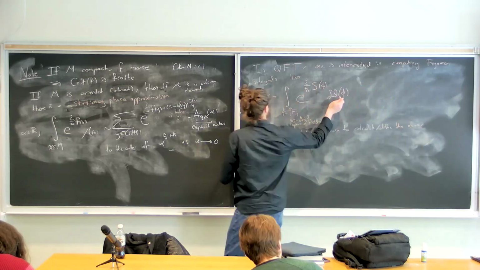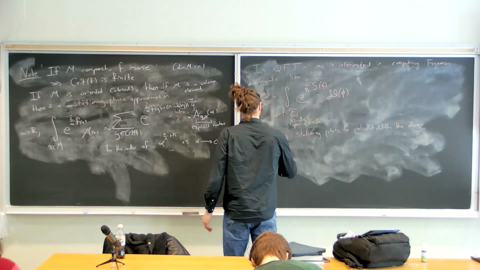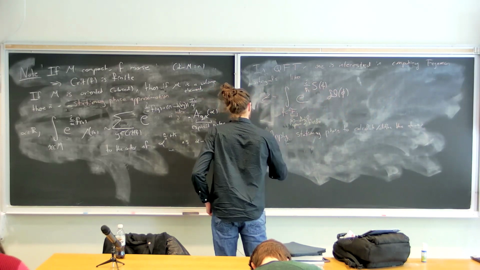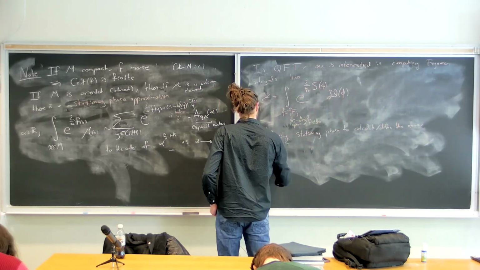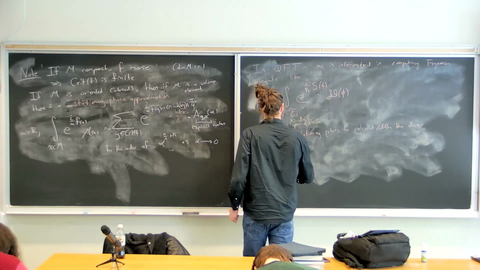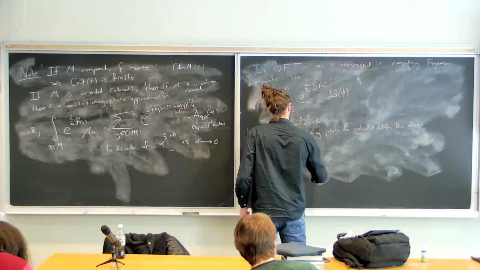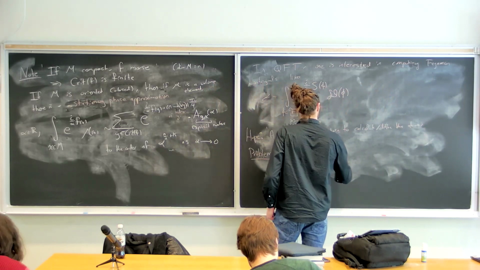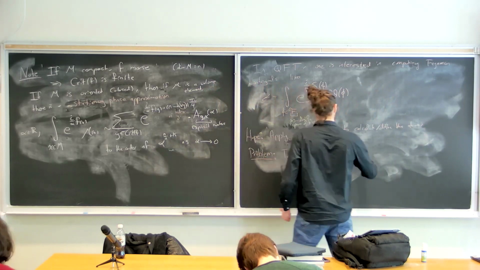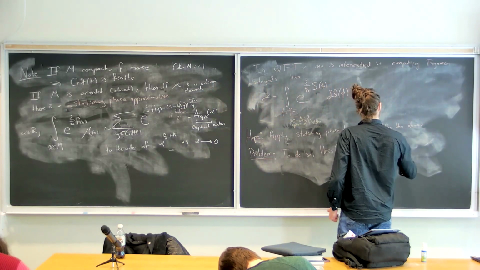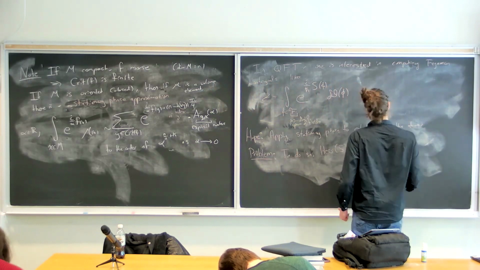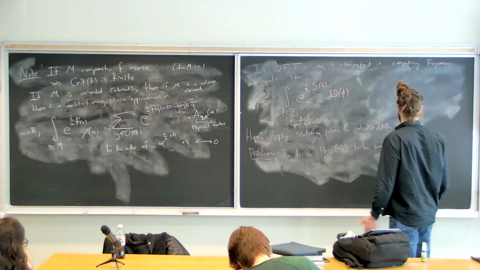But to even do that, you would need that the Hessian is non-degenerate. So here's the problem: to do so, we need the Hessian of this function to be non-degenerate. And it almost never is in physical examples, for instance, gauge theory.